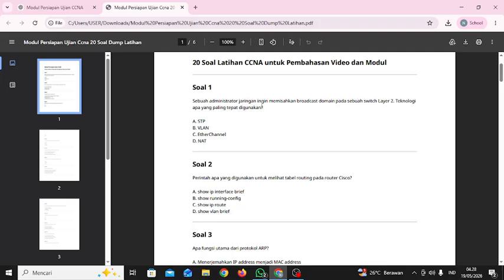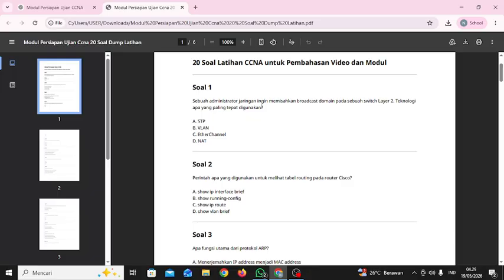That's VLAN. The explanation: the correct answer is VLAN, which stands for Virtual Local Area Network. A VLAN is used to logically separate devices into different broadcast domains even when they are connected to the same physical switch. Without VLANs, all devices connected to a switch belong to the same broadcast domain, meaning broadcast traffic is seen everywhere.